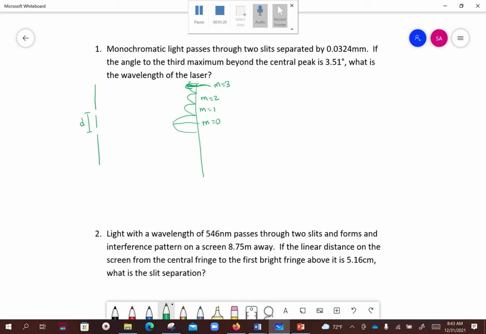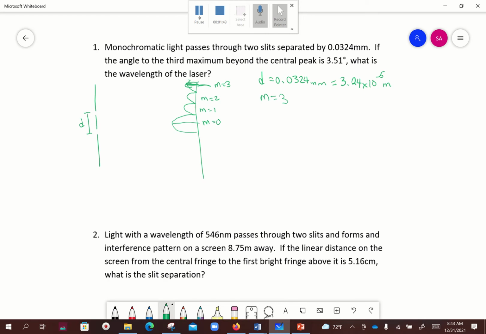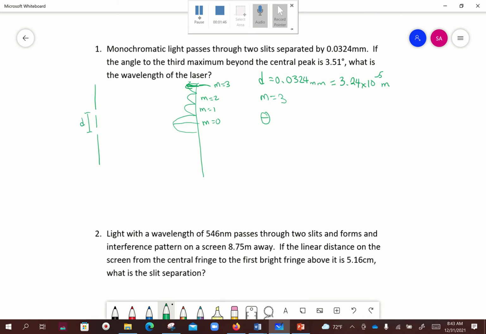The d spacing is 0.0324 millimeters, and remember, always put everything into SI units: 3.24 times 10 to the minus 5 meters. The angle to the third maximum, so m equals 3, and theta is 3.51 degrees. We want to know the wavelength, lambda.